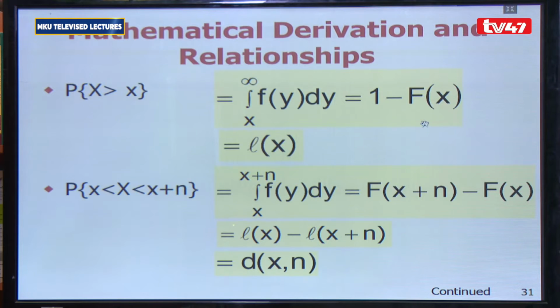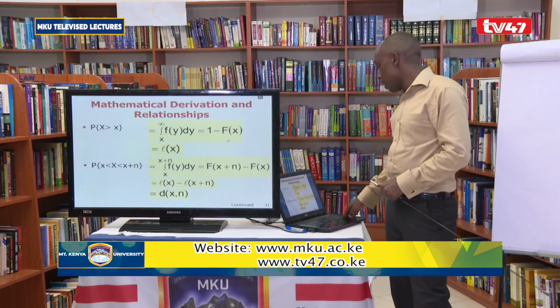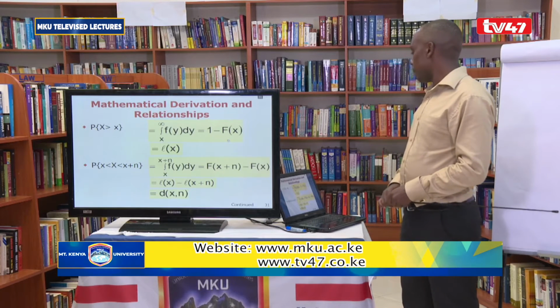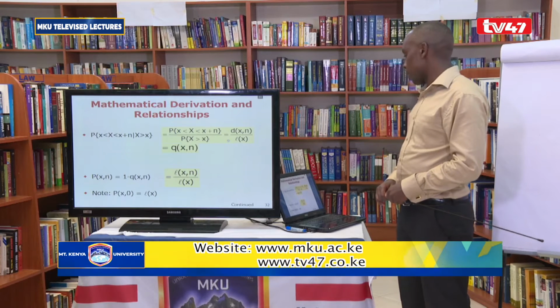And it is worth noting that the probability that X is greater than x is simply the probability of survival after age x, and which can be shown to be this. Then we have the conditional probability between ages x and x plus n, and which can give us the ndx.